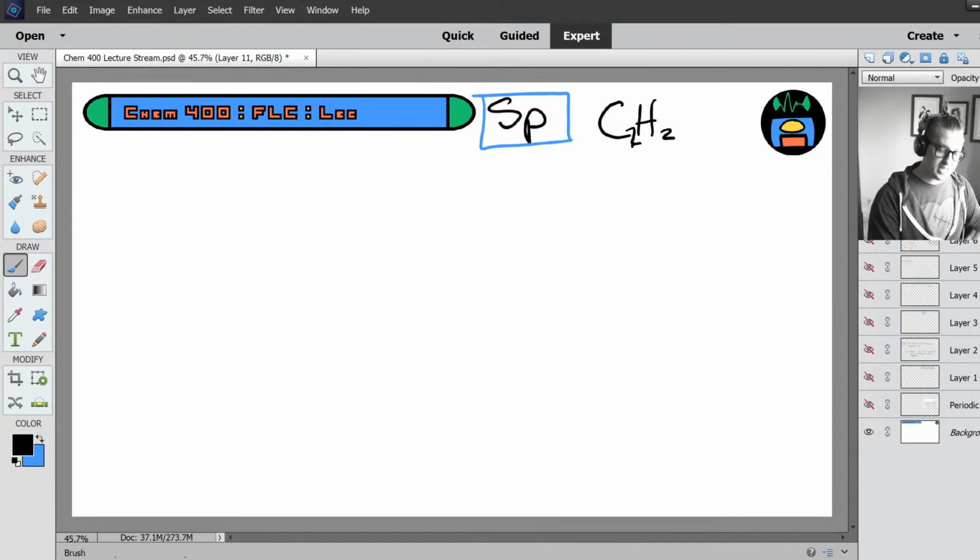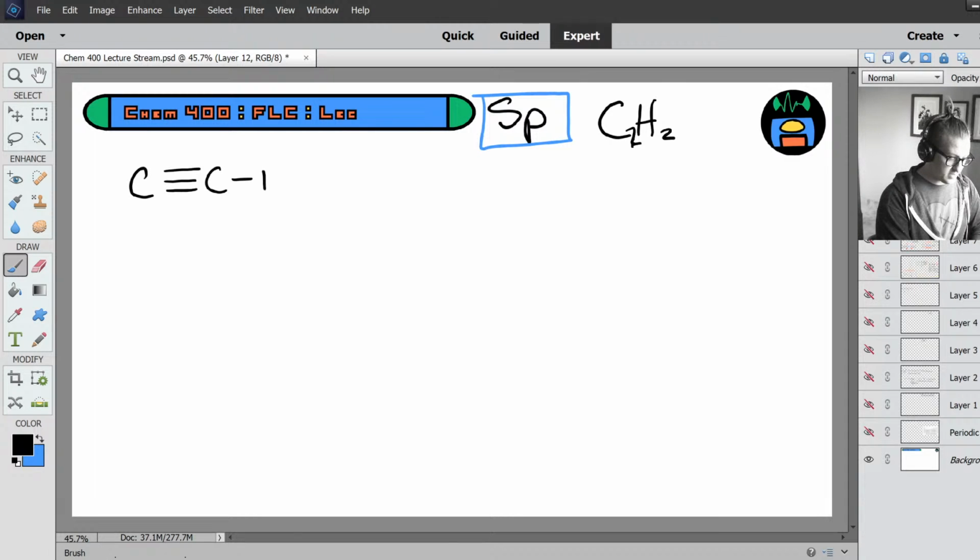You might look at it and go, oh, that's dicarbon dihydride. You wouldn't be wrong, but the organic name is acetylene. And when you draw it out, acetylene looks like so. So it's C2H2, and you have a carbon-carbon triple bond.